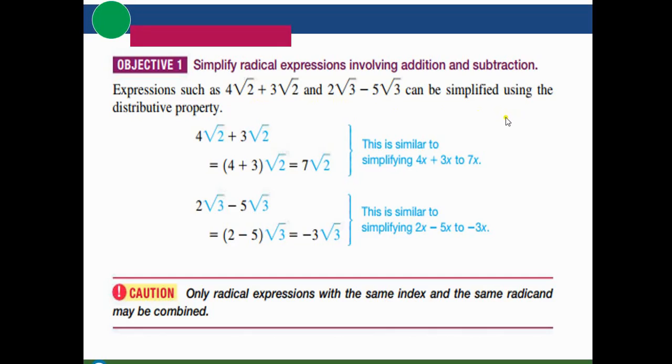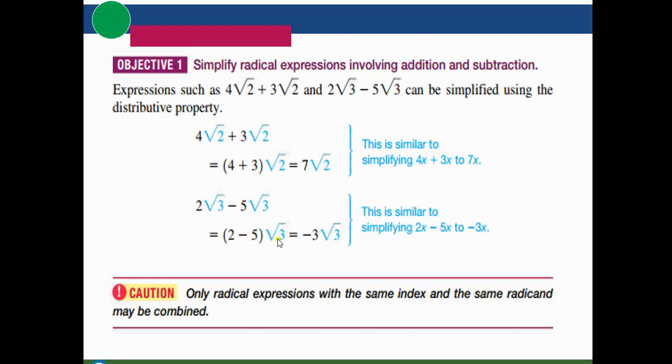What we emphasized was that we can use the distributive property to demonstrate how we combine radical expressions of this type. So we got 4 square root of 2 plus 3 square root of 2. What we would do here is factor out the square root of 2. So we'd be left with the binomial 4 plus 3 times the square root of 2, and we get 7 square roots of 2. In a similar way, in this one down here, we did the same thing, only we were subtracting here.